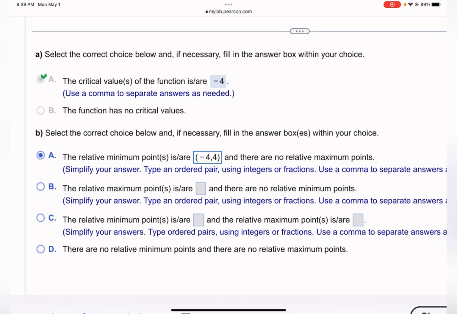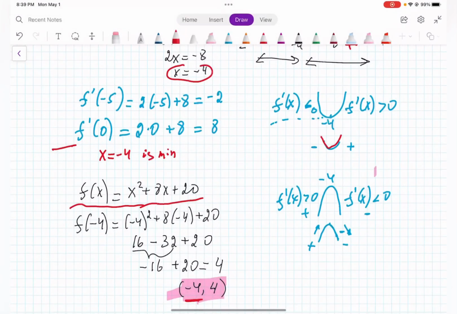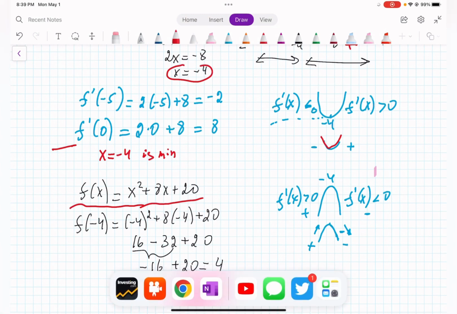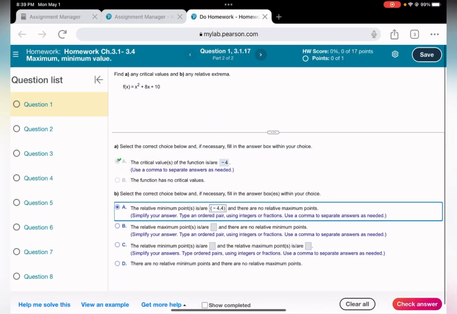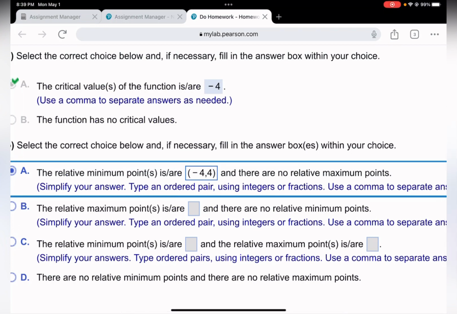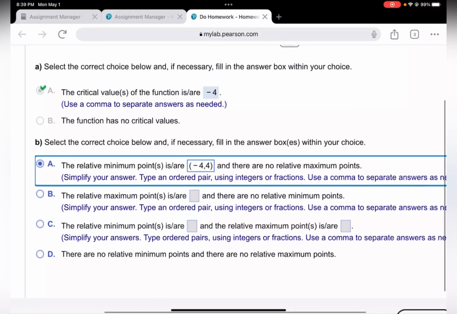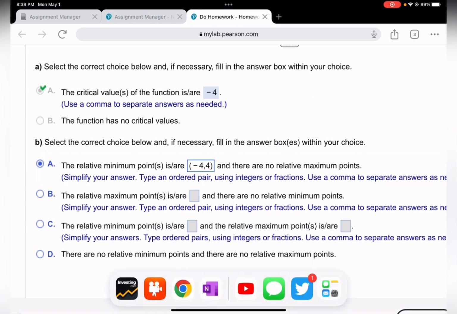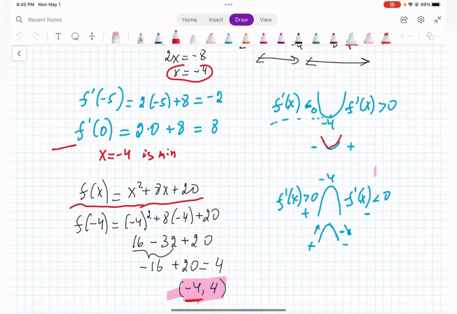We had -4, +4, right? Let me see. Yeah. So I'm curious what is happening. And we don't have a relative maximum, obviously. Let's double check. Maybe I made some silly mistake, I'm also a human being.